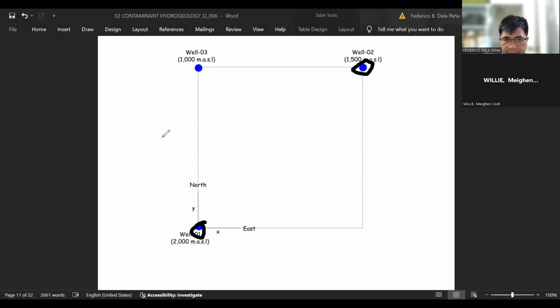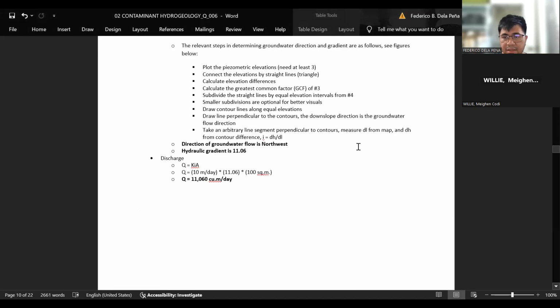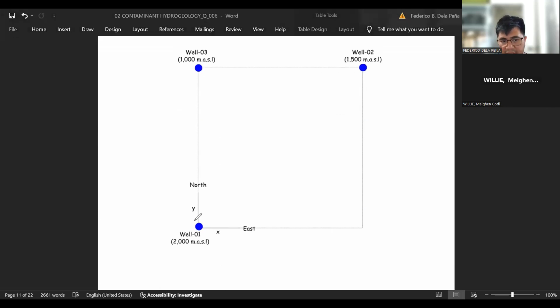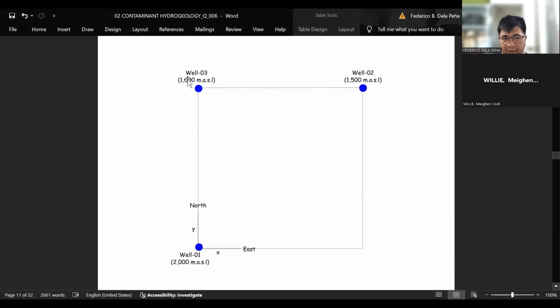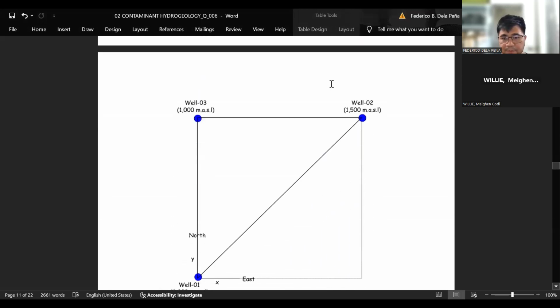This is well 1. And then well number 3 has an X of 0 and a Y of 100. So X is 0, so it's just going to be plotted around here, and Y is 100, so it's going to plot around this location. That's step one. We just plotted all the locations of the wells and indicated the elevations of their groundwater levels.